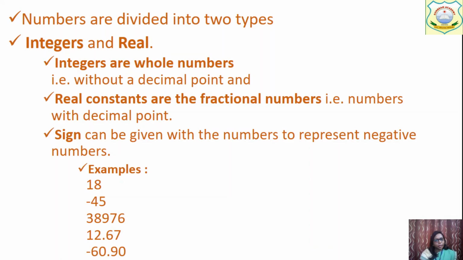Integers are whole numbers with no decimal, and real constants are numbers with a decimal point. Just see, 18 is an integer, -45 is an integer, 38,976 is an integer, and 12.67 is a real constant, -60.90 is a real constant.